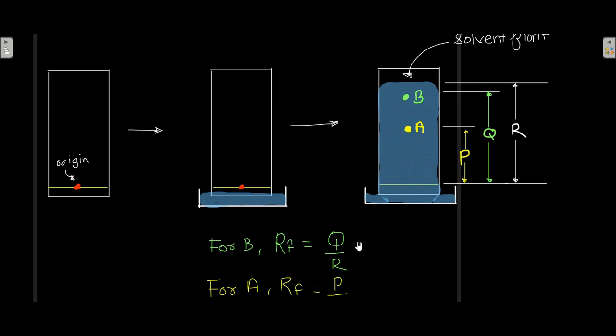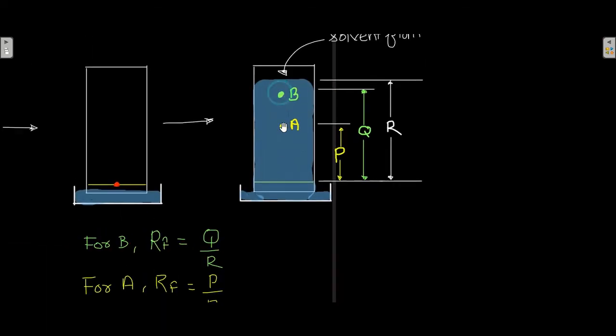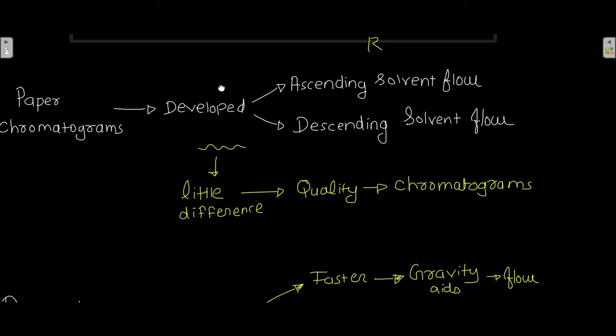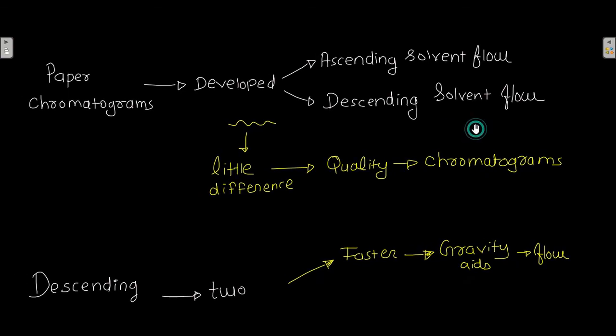Now the paper chromatograms that you develop can be developed by ascending solvent flow as well as descending solvent flow. Whether you choose ascending or descending solvent flow is your choice, according to the need of the experiment.